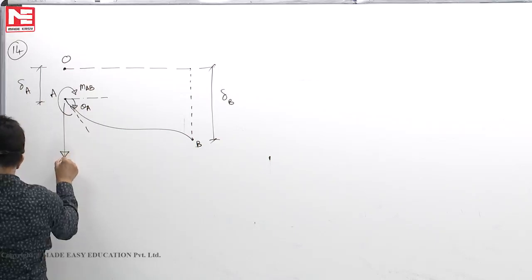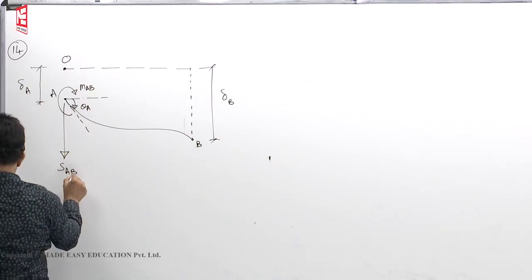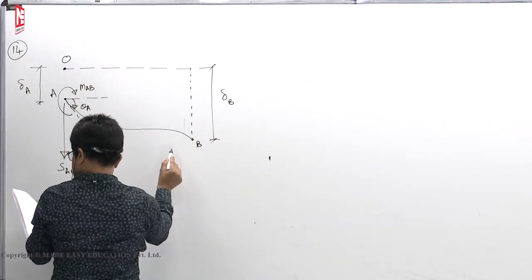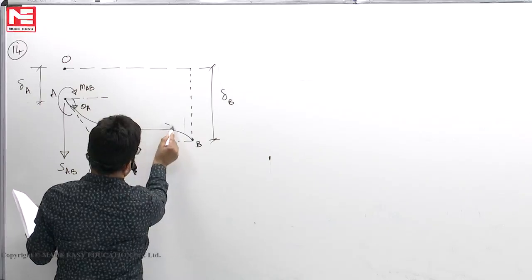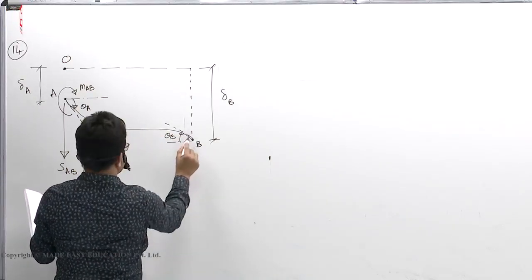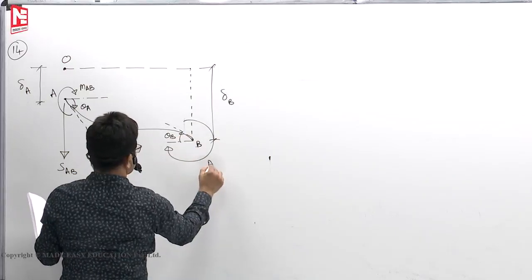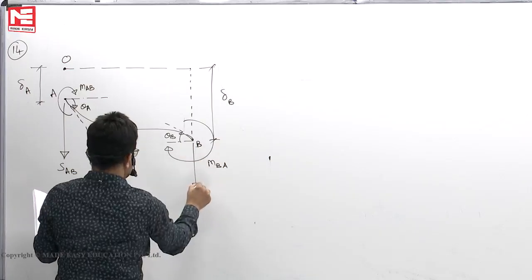Because of that, the reaction is SAB. Okay, this is delta B. Then the tangent, when you draw it, this is theta B. Then MBA. This is SBA.